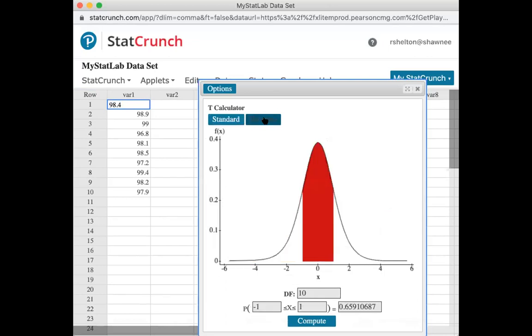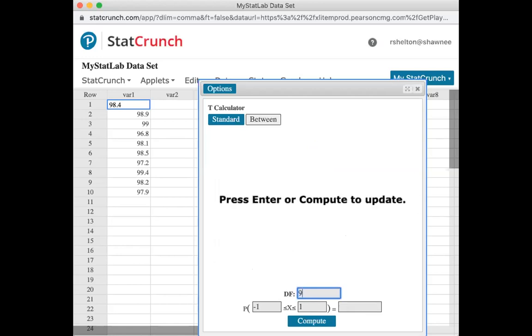So we're going to say between, and we want the critical t for significance level of 0.05. Okay, so we have to put our degrees of freedom in, and our sample size was 10, so degrees of freedom will be 9. It's always sample size n minus 1 is degrees of freedom.